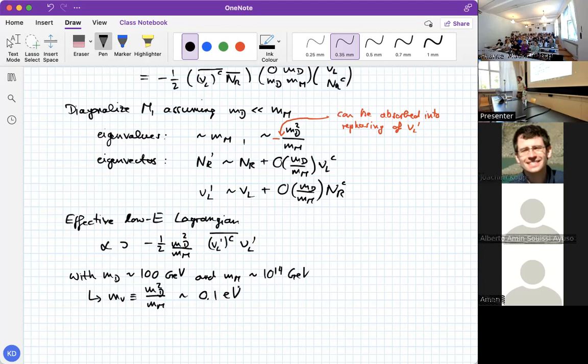Now, of course, I already made this aside remark: why should the Dirac mass be of order 100 GeV, so the top quark mass? Why shouldn't it be, for instance, of order 1 MeV, the electron mass? And in fact, that is possible, and people consider such theories. In that case, to get the correct neutrino masses, you also need to make the right-handed neutrinos much lighter, namely you put them at the TeV scale.